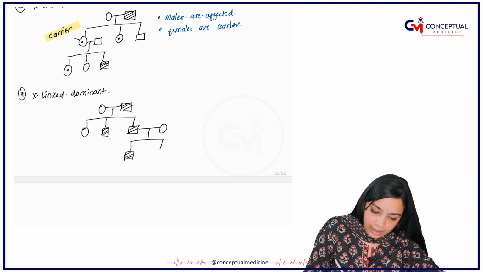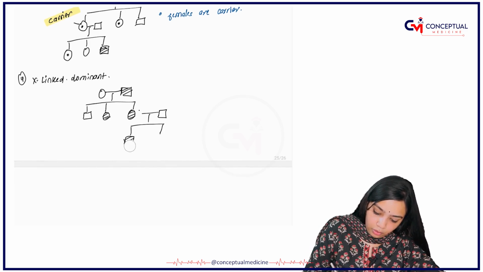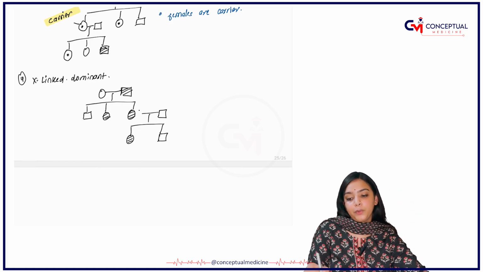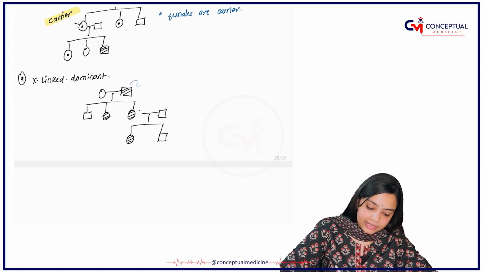See, what will happen in the second generation is that the males will not be affected. It is the daughters that will be affected. The males will remain healthy. So you are able to appreciate a pattern that in the X-linked dominant, the male was affected.